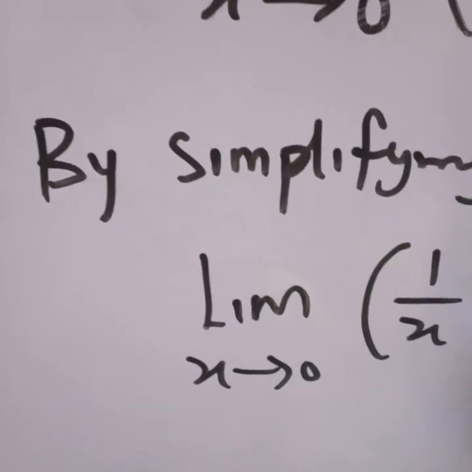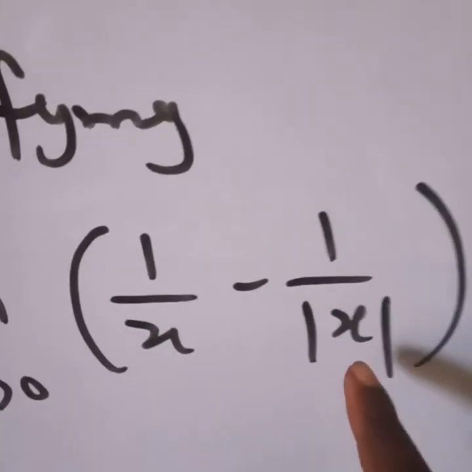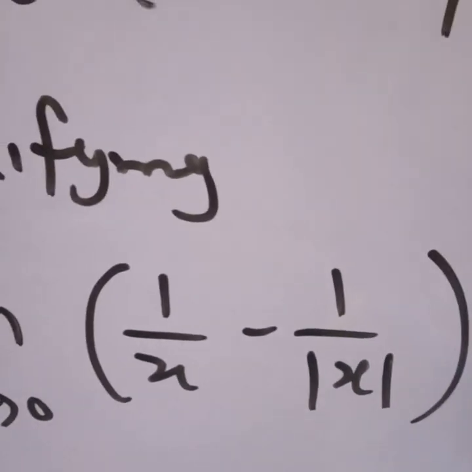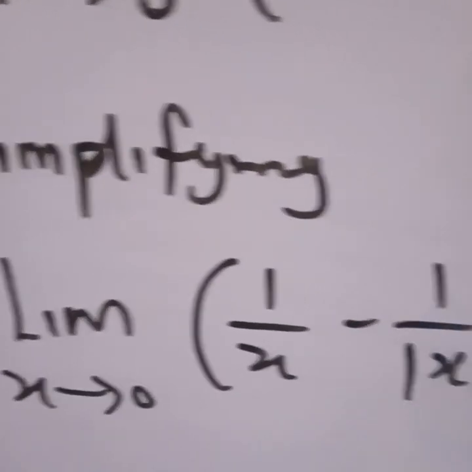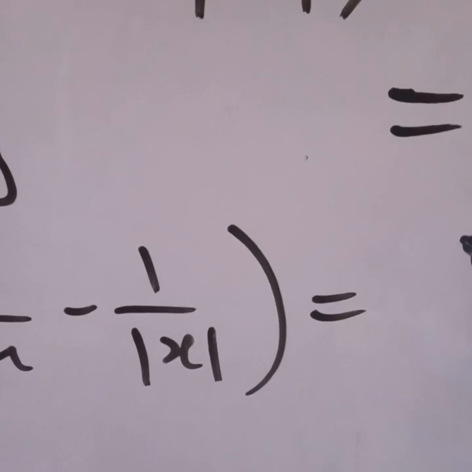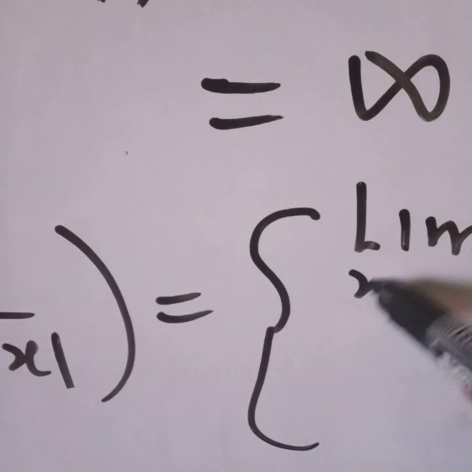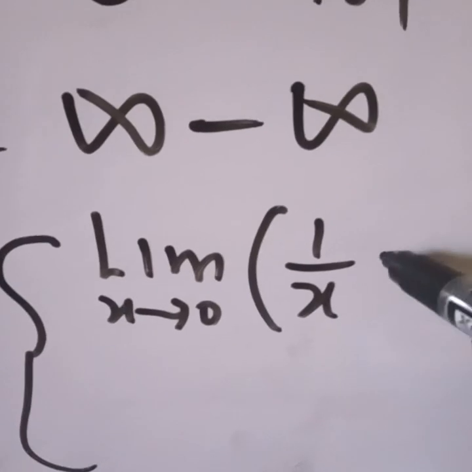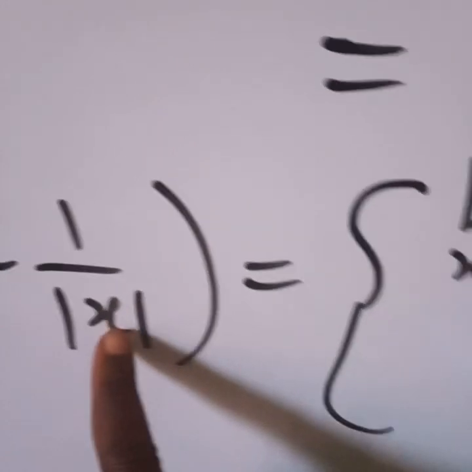So by simplifying this function, due to the absolute value here, this function means two things. Due to the absolute value, we can write this function as the limit as x tends to 0 of 1 over x minus 1 over x, where the absolute value is positive, so we can write it as this.